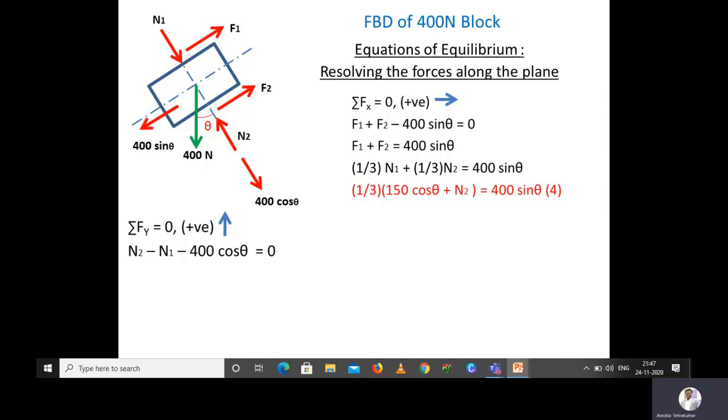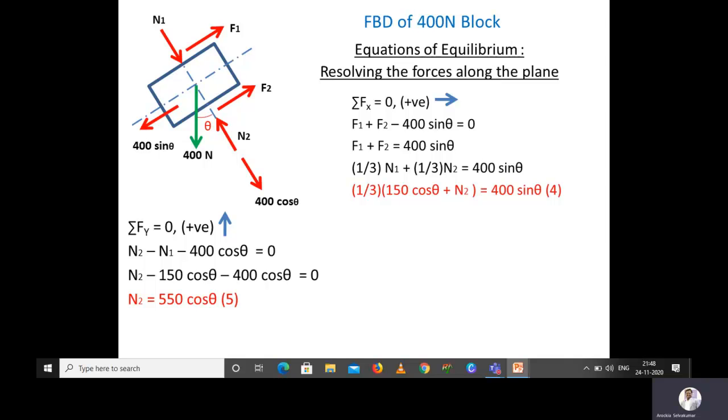We know that N1 is 150 cos theta, and we can substitute that here. So it will become N2 minus 150 cos theta minus 400 cos theta is equal to 0. From this N2 will be equal to 550 cos theta. We are taking this particular relation as equation number 5.